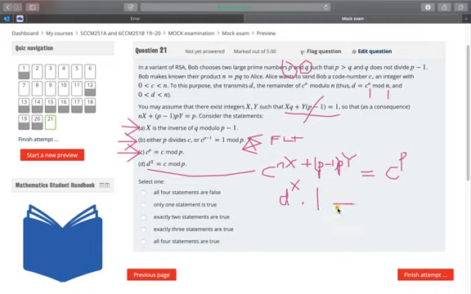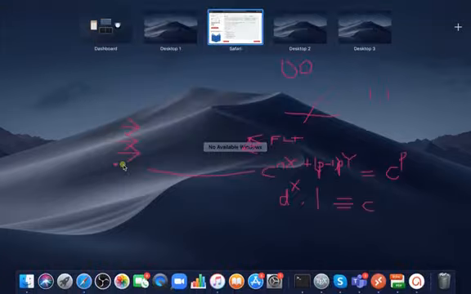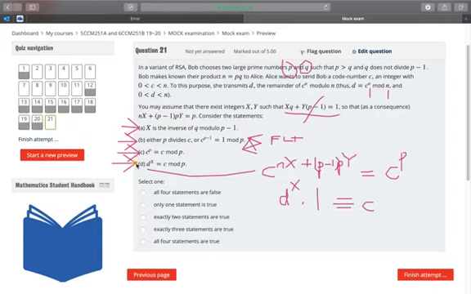And then c to the p is always c mod p. So d to the x is equal to c mod p in all cases. So actually this is correct as well. In fact, all 4 statements are correct.